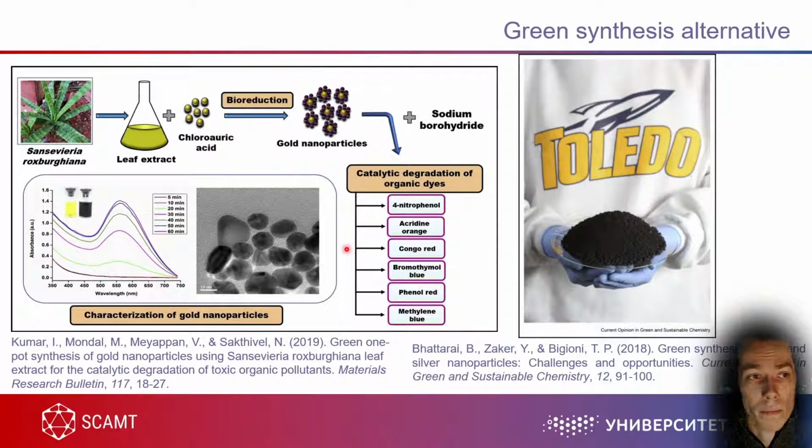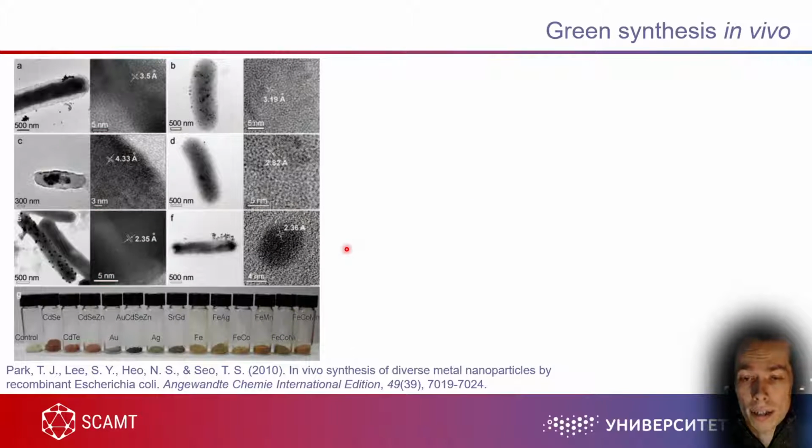But another alternative to the green synthesis, well, it's still green synthesis, but not with extracts, but with whole cells. So yes, indeed, some nanoparticles can be produced by a whole cell, and in this case, this is bacteria. It's not very interesting after all, because synthesis with bacterial cells is already common, and it's like maybe 20 years ago when the synthesis was first involved.